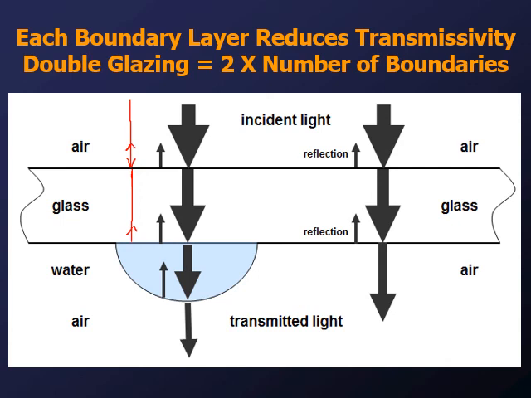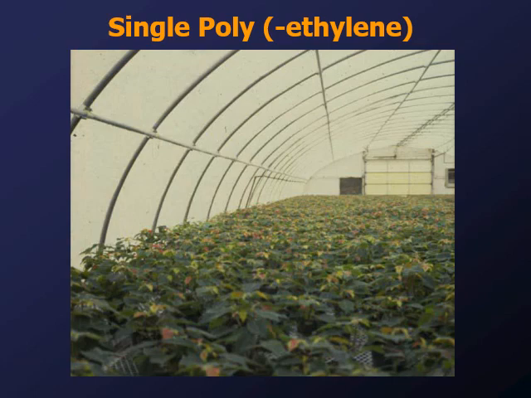And then, of course, less gets through the other side. And if you have water droplets, when it hits the end of the water droplets, some is reflected back. So you end up with a lot less coming through the other side than you started with. So it's important to understand that when you're thinking about multiple layers and how much condensation is in the crop and all that kind of thing.